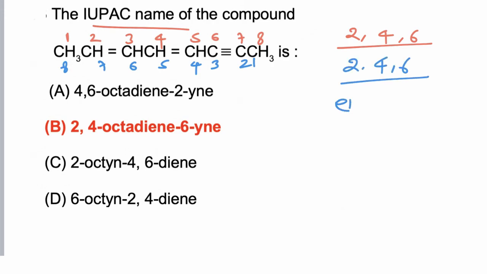But between ene and yne, ene is given higher priority according to alphabetical order, so numbering should start from the left hand side, and hence the name of the compound is octa-2,4-dien-6-yne, and hence the correct answer is B.